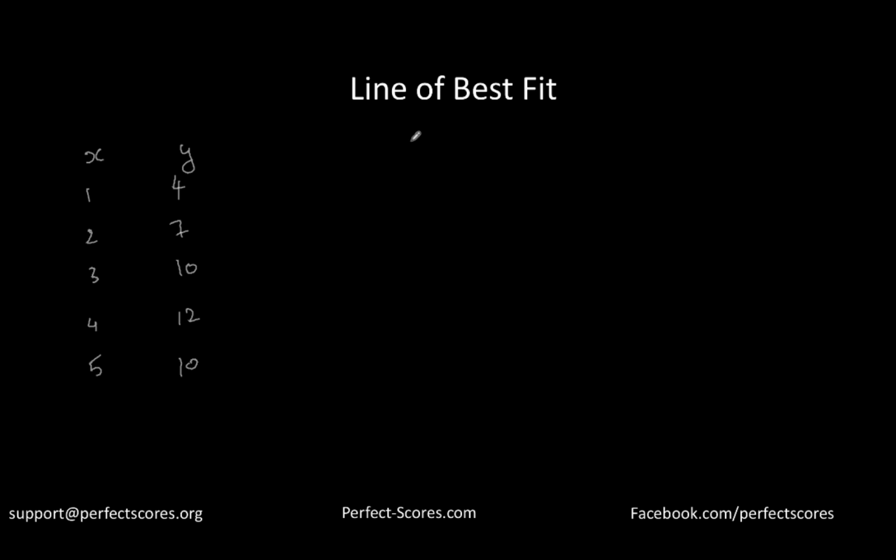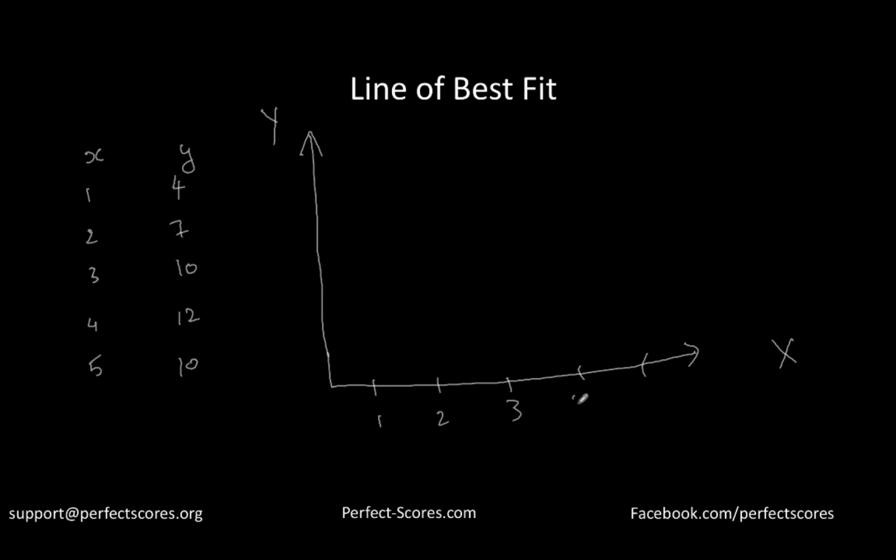Now if I plot these two variables on my axes, I'm going to have the y-axis and the x-axis. I'm going to plot 1, 2, 3, 4, 5 on the x-axis, and on the y-axis let's say I plot from 4 to 10: 2, 4, 6, 8, 10 and 12.